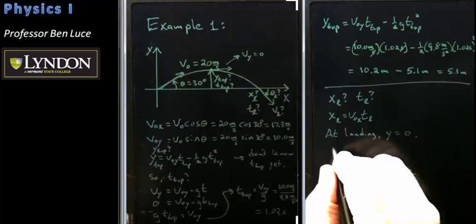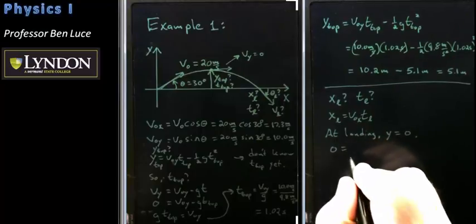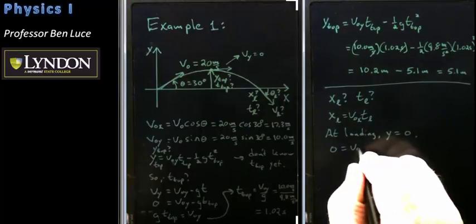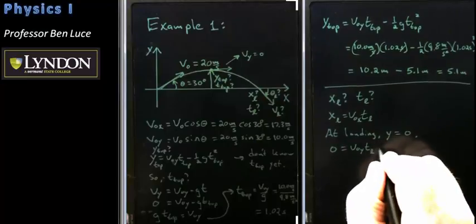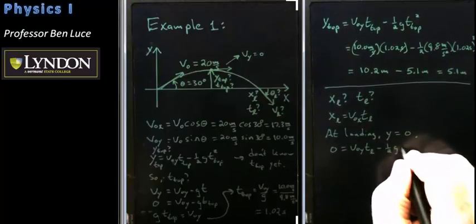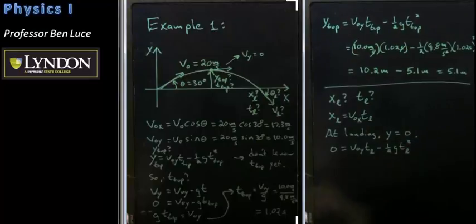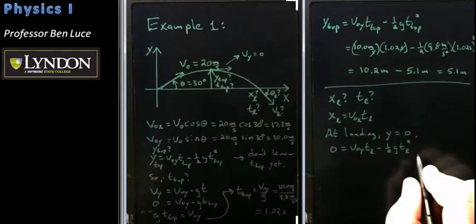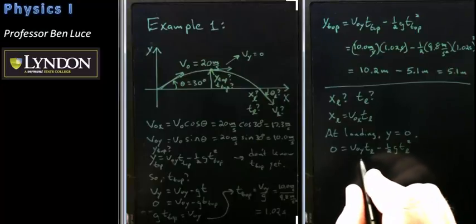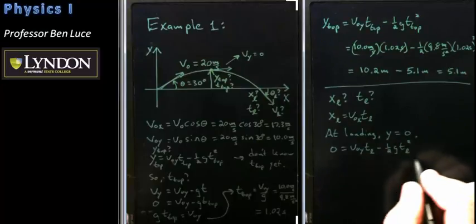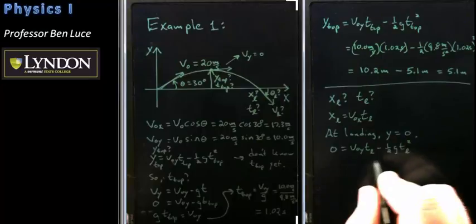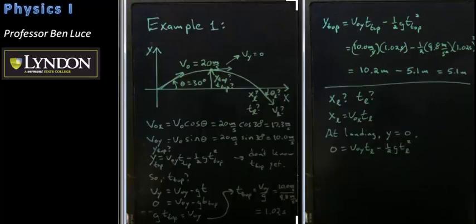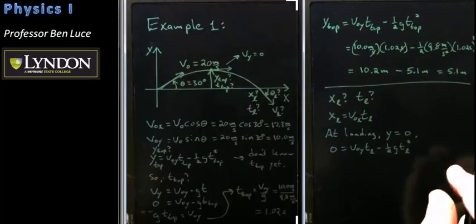All right, the y equation then is going to become 0 equals v naught y t land minus 1/2 g t land squared. This equation has quadratic form in t, but you'll notice there's no non-zero constant term in this equation. So in this case, we can actually solve this equation for TL without having to use the quadratic equation, which is nice. There are a number of ways to accomplish this.